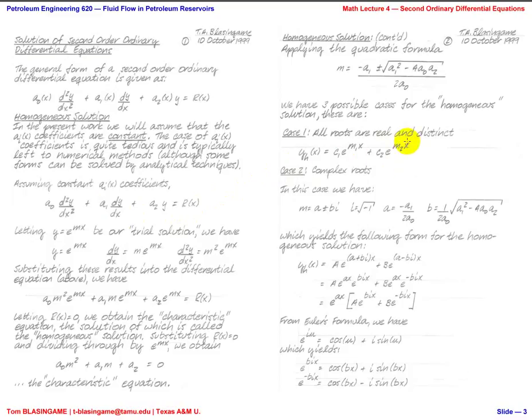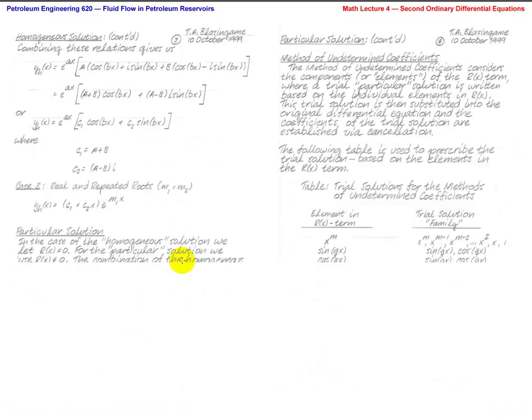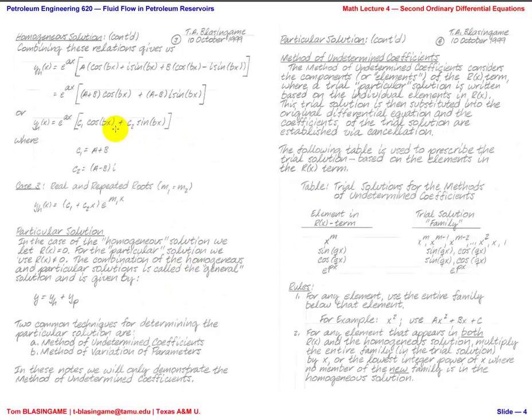This is called the general solution. The second case is if the roots are complex, one part is real and the other part is imaginary, the general solution for this differential equation is going to be given in terms of cosines and sines.